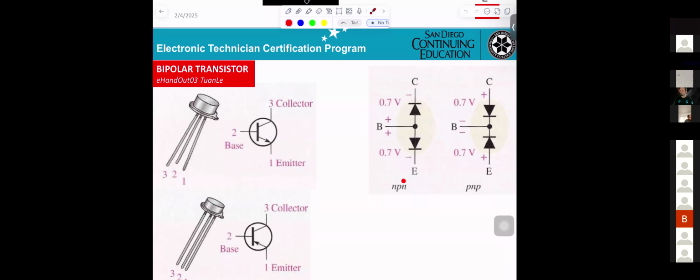And again, P and P opposite. You get one diode from collector to the base, and one diode from emitter to the base. So basically you understand either NPN, PNP, they just combine two diodes. We already done for the diode.